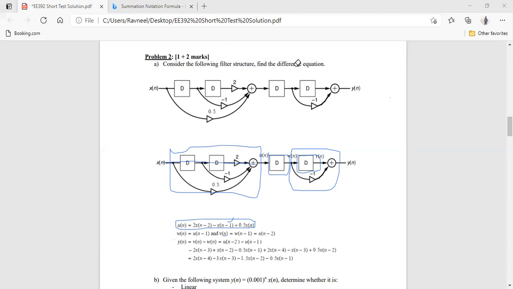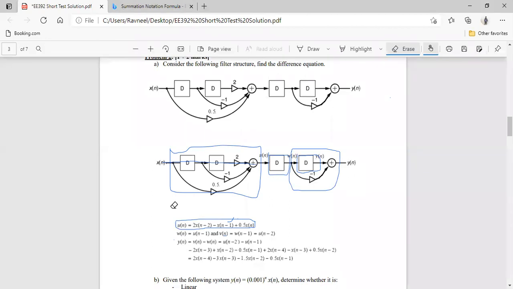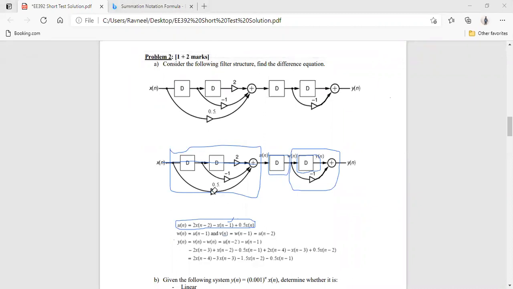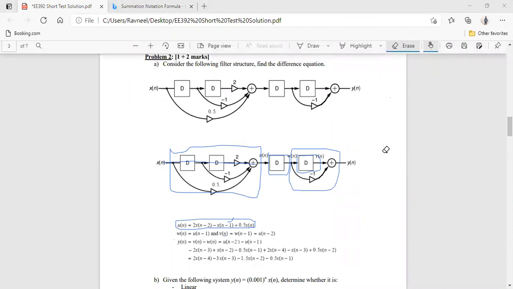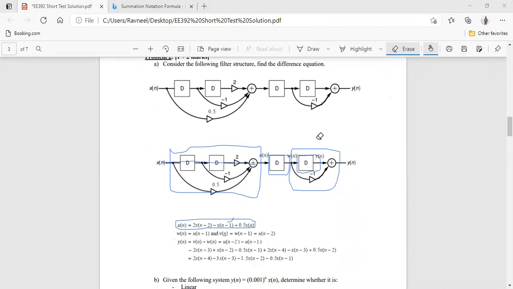If you still have any problems, once the uni opens, you can come back to me. It's pretty much clear. You can just break this down into multiple systems and rewrite it, keep rewriting it until you get it in terms of the initial input signal and output signal.